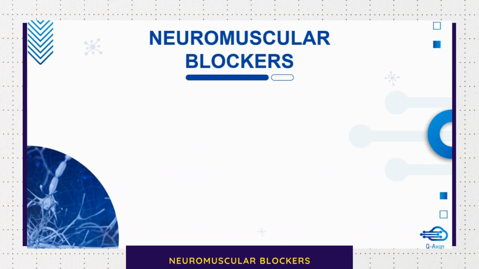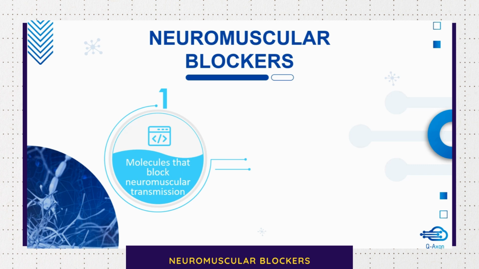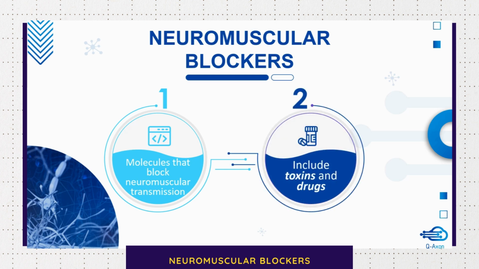So what are neuromuscular blockers? These are molecules which block transmission of impulses across the neuromuscular junction, leading to muscle paralysis. So this can result in respiratory paralysis also, and in that case it is fatal. Historically, the oldest known neuromuscular blockers were poisons.